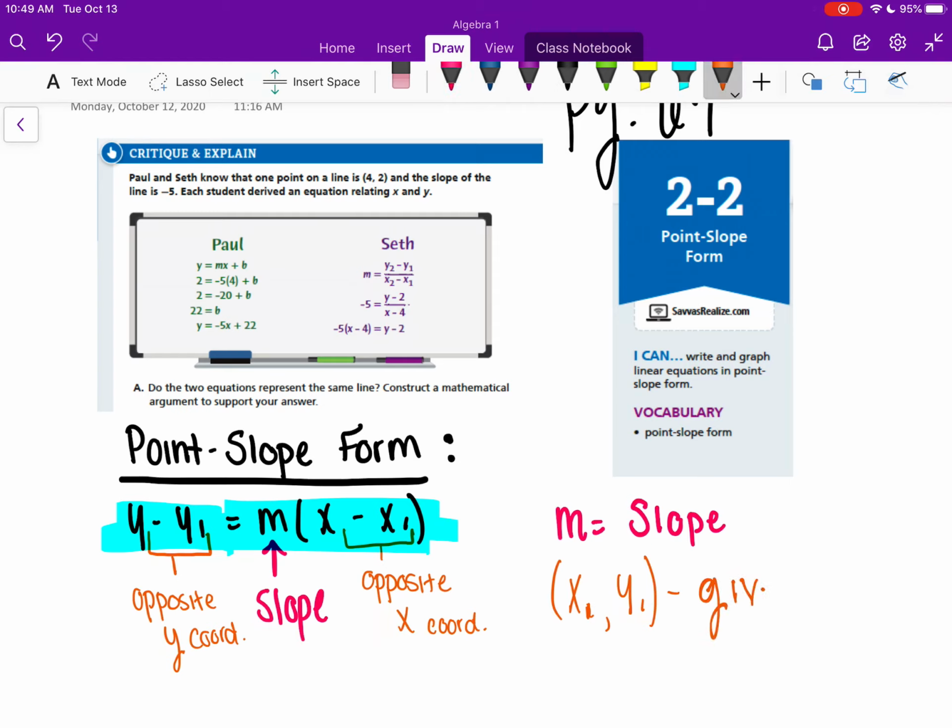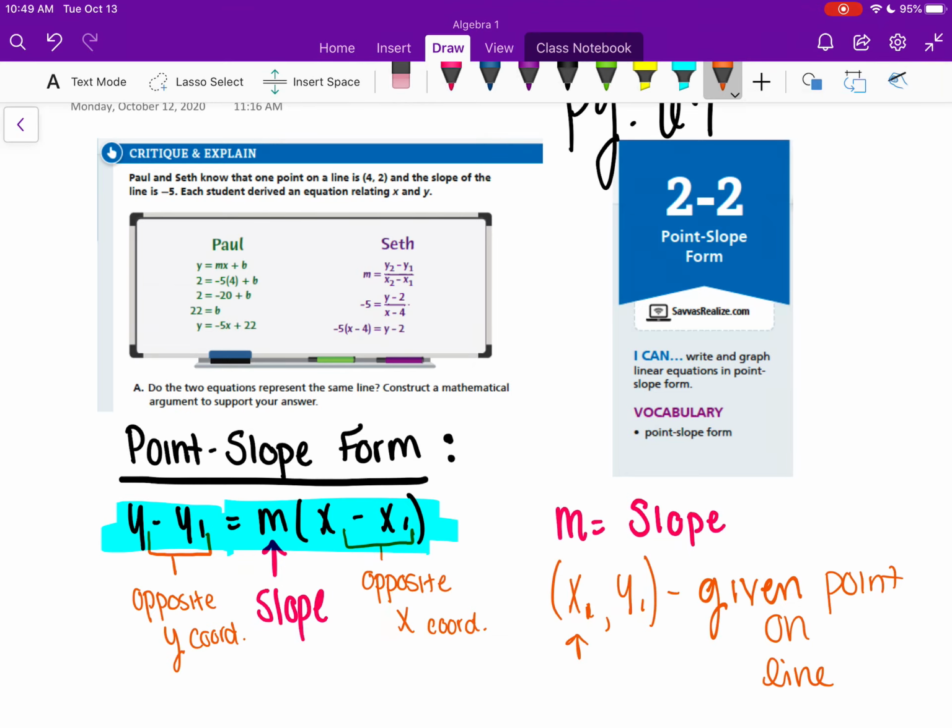So you're going to be given a point on the line, and opposite means opposite sign. So if the given point had an x value of positive 3, in our equation we would write negative 3 and vice versa. We would do the opposite thing.